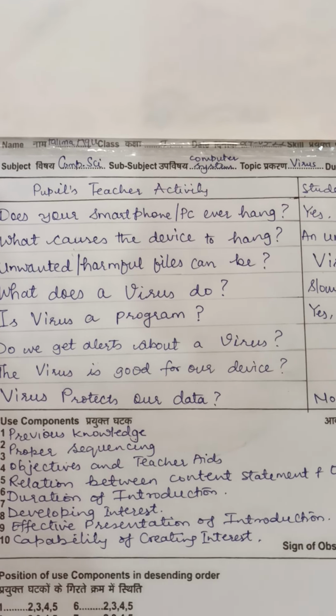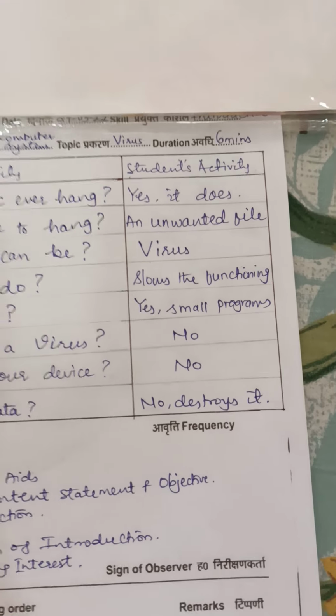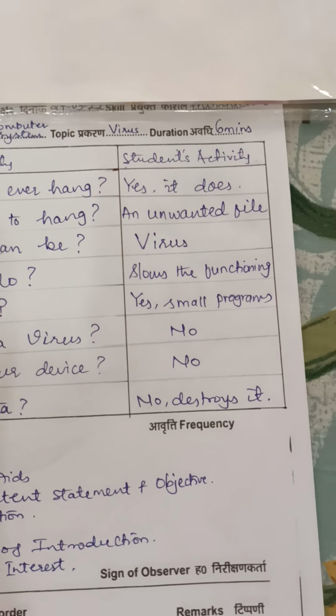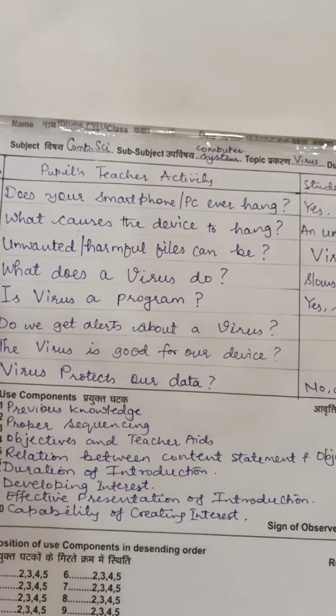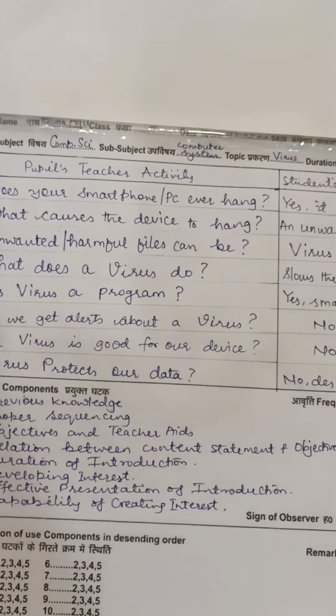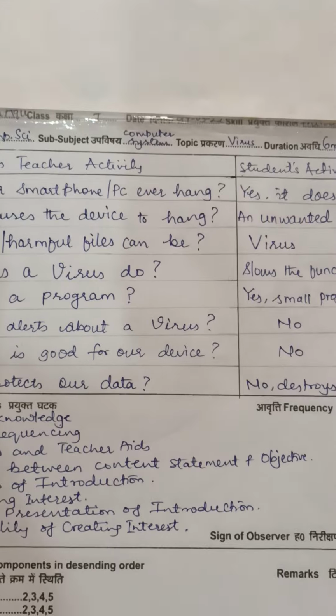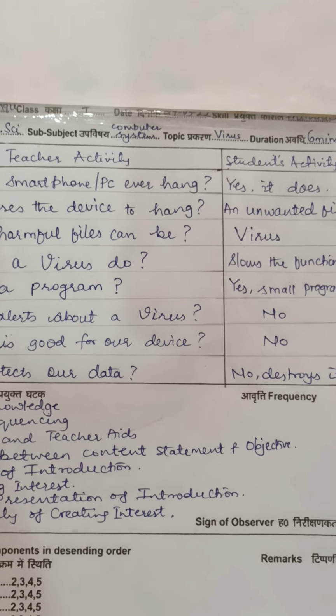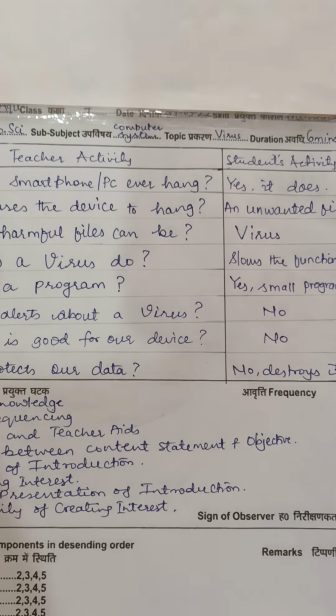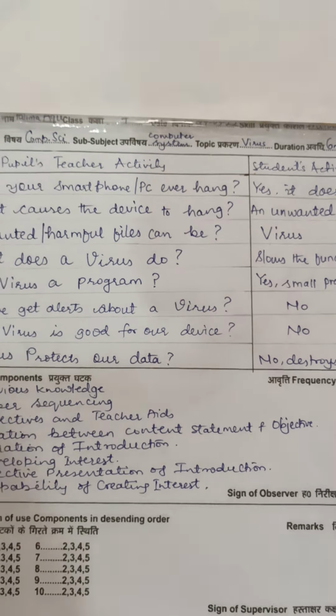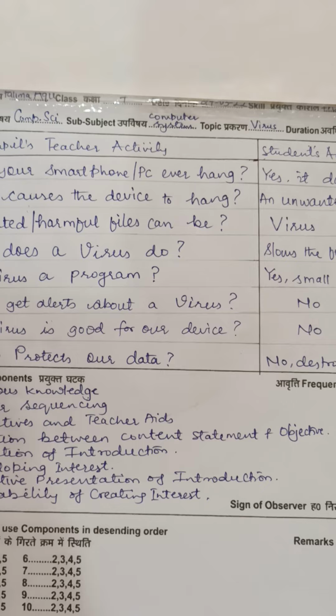Now what causes the device to hang? So the students say an unwanted file. Now an unwanted file is an unprofessional name. So with our further questions, we come to the name virus here. Okay, and what does virus do? It destroys our data, the files, our musics, our videos, our images, whatever content we have in our device. A virus destroys that data.